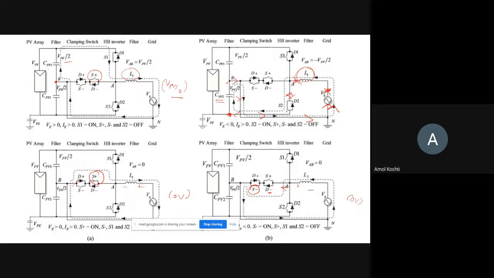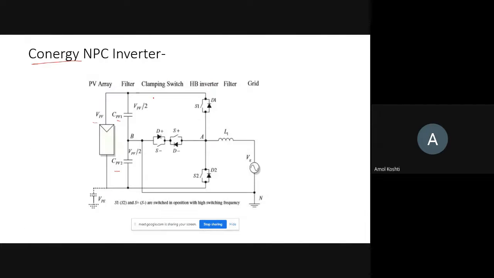Likewise, if we want more levels of output, we can modify these circuits. So this is the way the output is produced in this Coenergy neutral point clamped inverter topology.